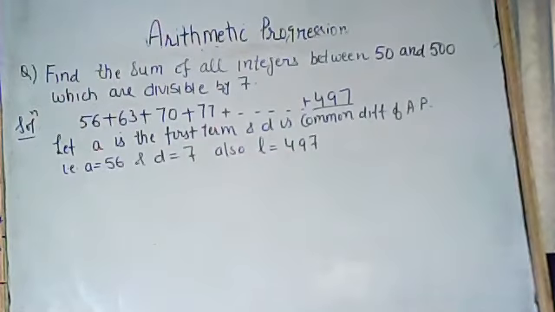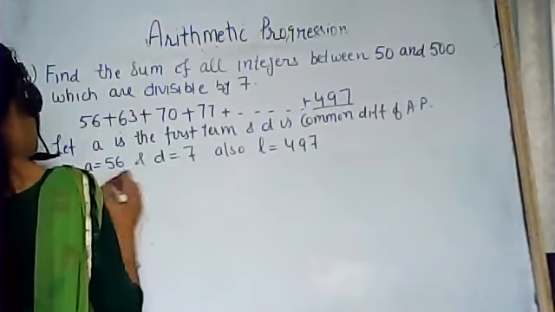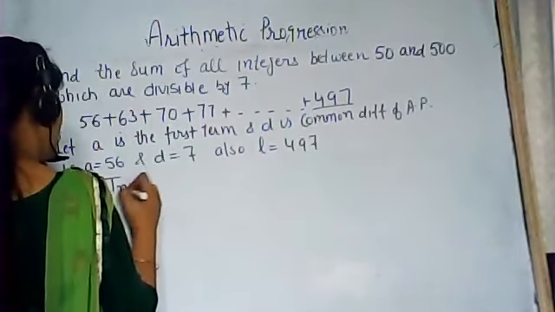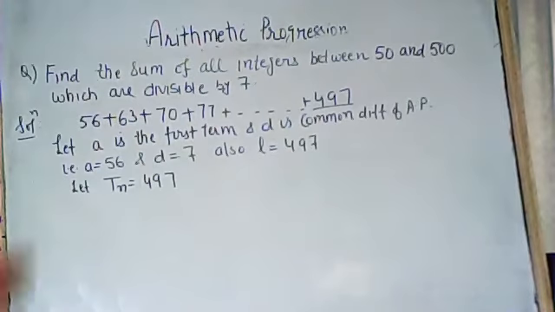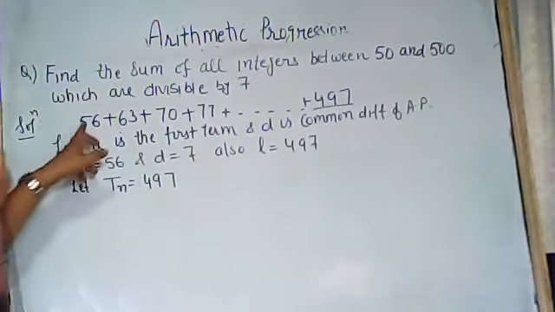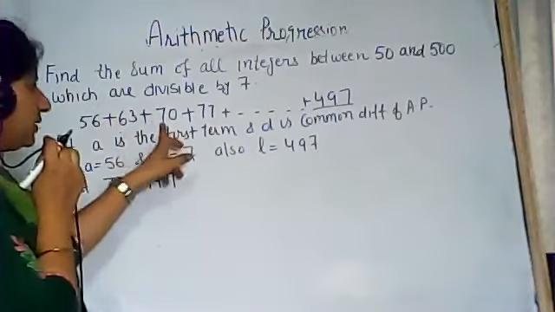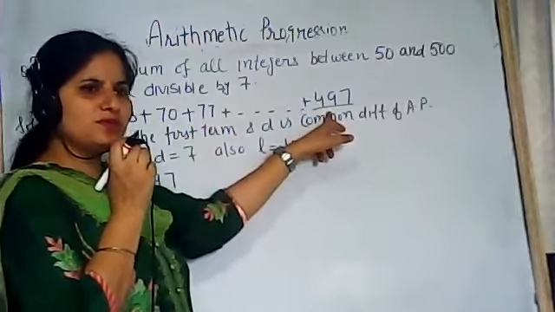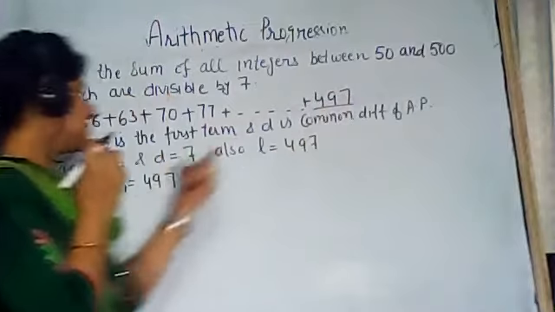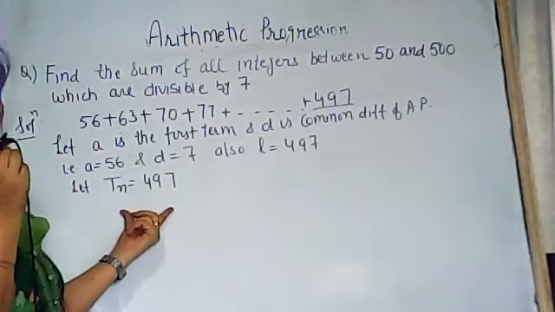First of all, we shall calculate the value of n. To calculate the value of n, let us consider our nth term, which is equal to 497. Again, we apply the same concept: first term, second term, third term, fourth term, and so on. We don't have any idea about the position of this number, so let us consider this as our nth term.